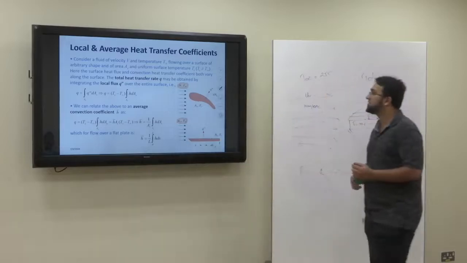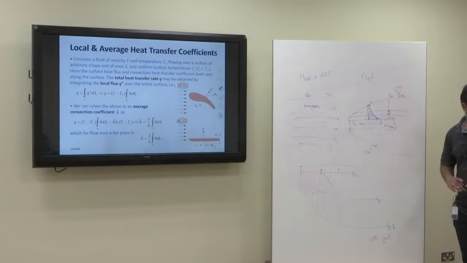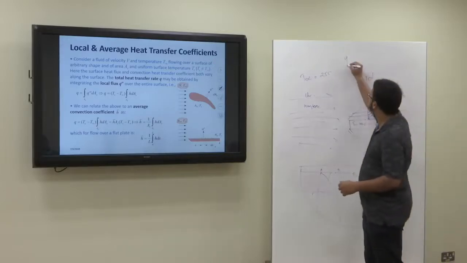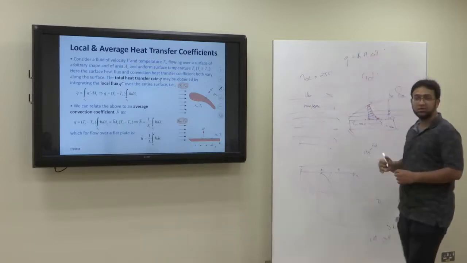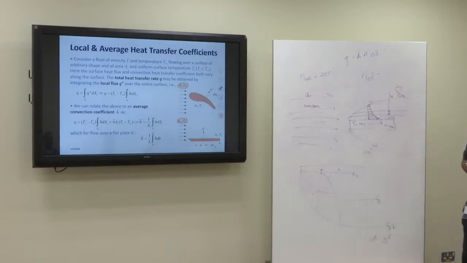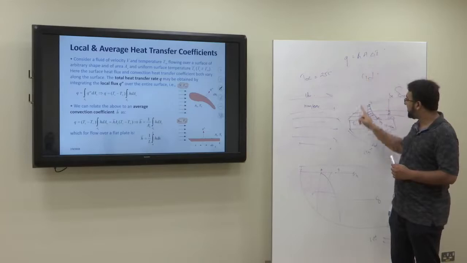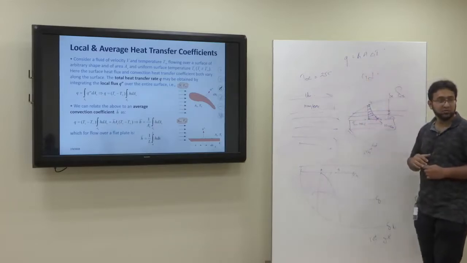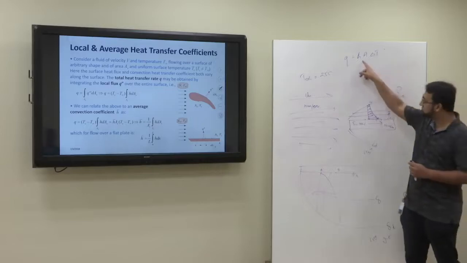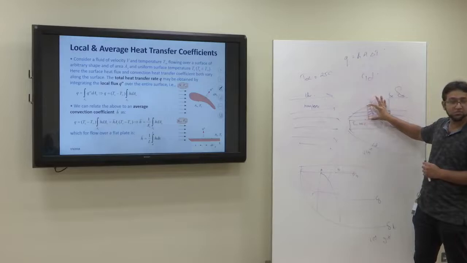Now let's talk about the local and average heat transfer coefficients. You know Q equals hAΔT, but this h is going to vary from position to position, because this h hugely depends upon the thermal boundary layer thickness.